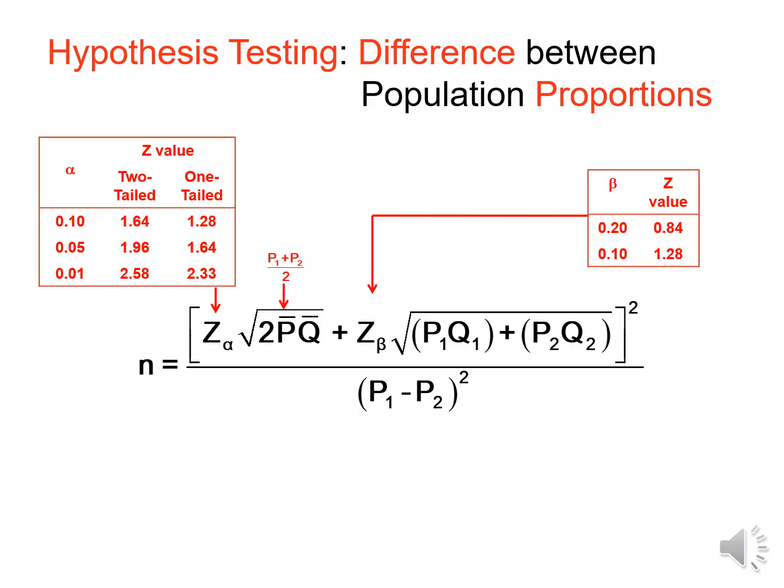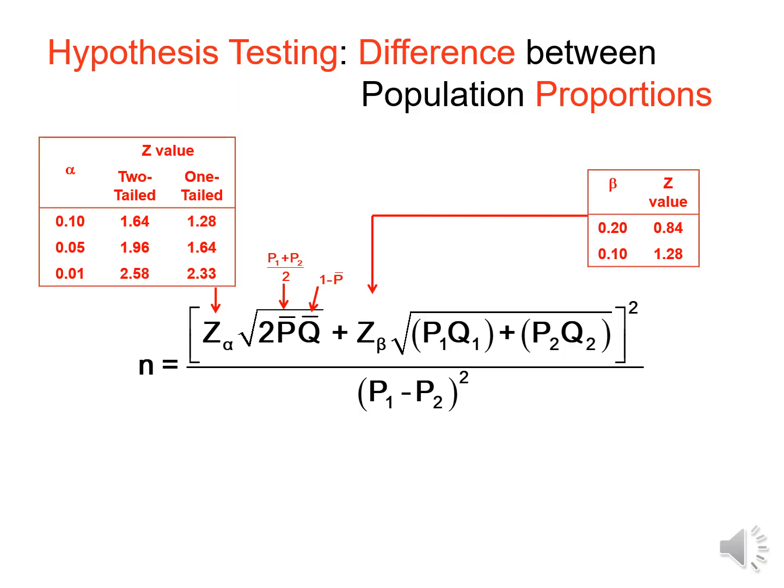P bar is the average of two proportions. Q bar is 1 minus P bar. P1 is the estimated proportion for the first group. P2 is the estimated proportion for the second group. Q1 is 1 minus P1, Q2 is 1 minus P2, and P1 minus P2 is the difference between the two group proportions.